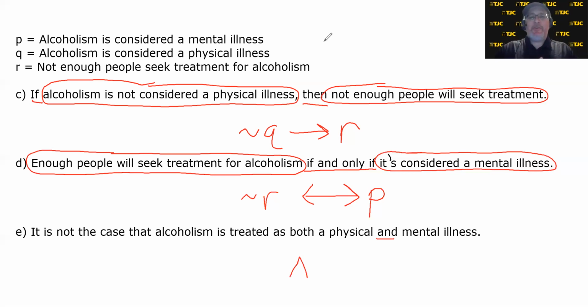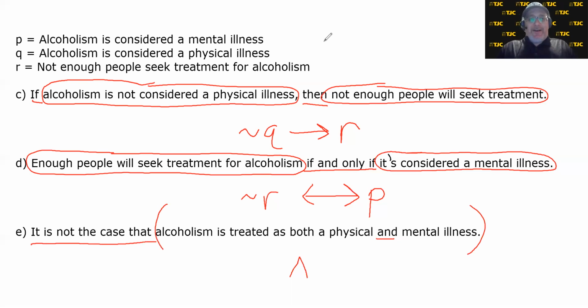But there's something else about this statement that may be unclear on how to translate. It's the very beginning: it is not the case that. Now, this phrase doesn't occur very often, but when it does, it's usually followed by a compound statement. In other words, just look right after that. It is not the case that alcoholism is treated as both a mental and physical illness.